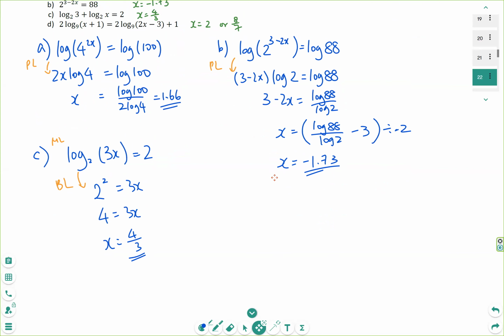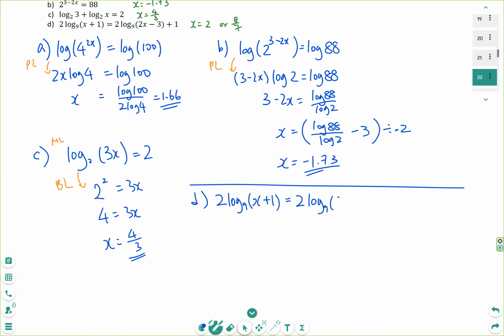Part D. Let me copy the question: 2 log base 9 of (x plus 1) equals 2 log base 9 of (2x minus 3) plus 1. Now, slightly trickier. What do you think we should do first?